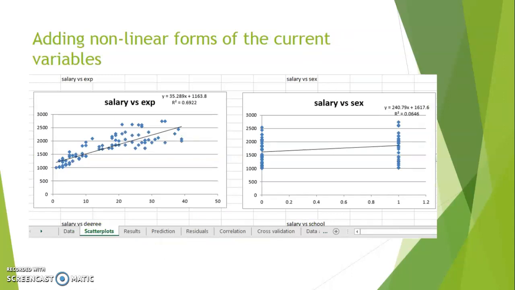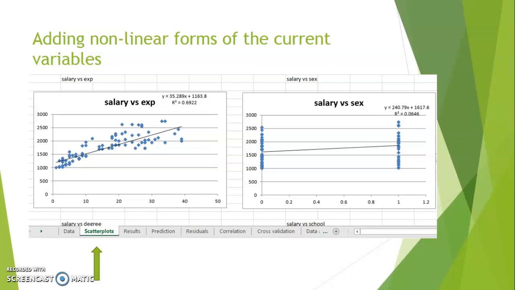One way of improving the efficiency of a model is to add nonlinear forms of variables that are already in the model that you are working on. When you examine the scatter plots worksheet, you will sometimes identify variables who show a trend that is potentially not linear.